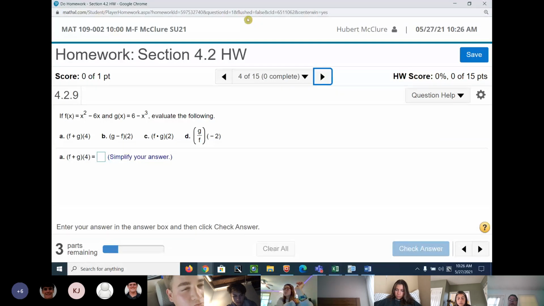Say like 4. I plug 4 in here. I get 4 squared is 16 minus 24. I get a number. Then I do it over here. Then I add those two numbers. So you can do the plug and chug first and then do the algebra. Or you can do the algebra and then do the plug and chug.